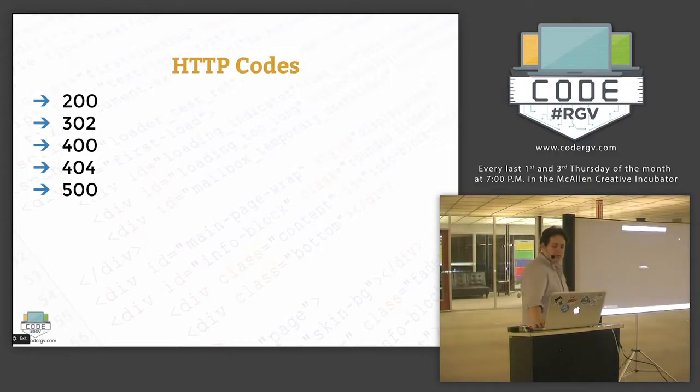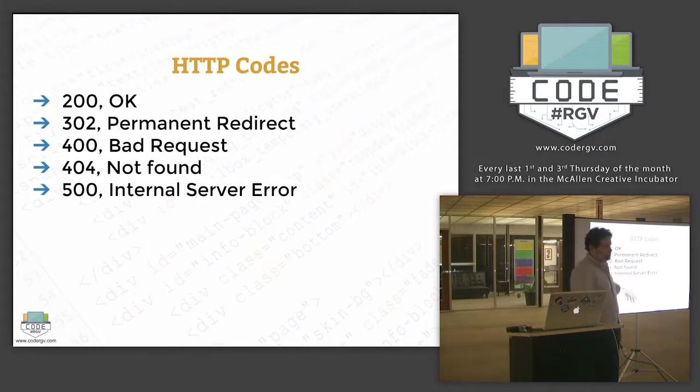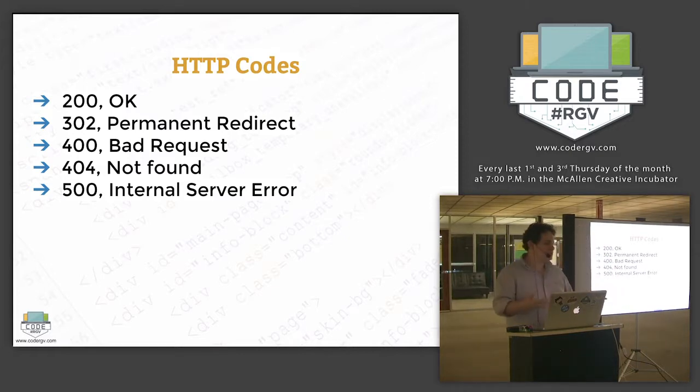Can anybody guess why, when you do a get, or a post, or all these things, you want to return a code alongside the actual resource? Anybody can guess? So if I was to get, say, a search looking for people, and I get some kind of results, but the server says there was an error, a 500 internal server error, now I know that even though I got some kind of result back, I can't trust it.